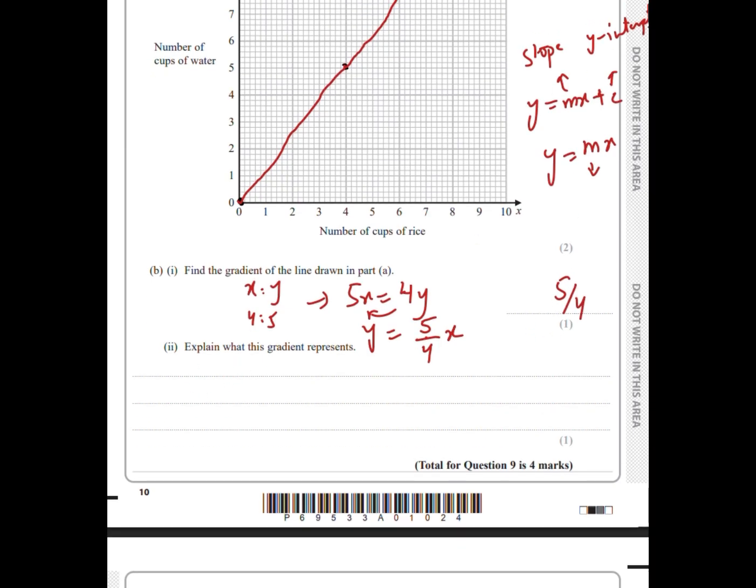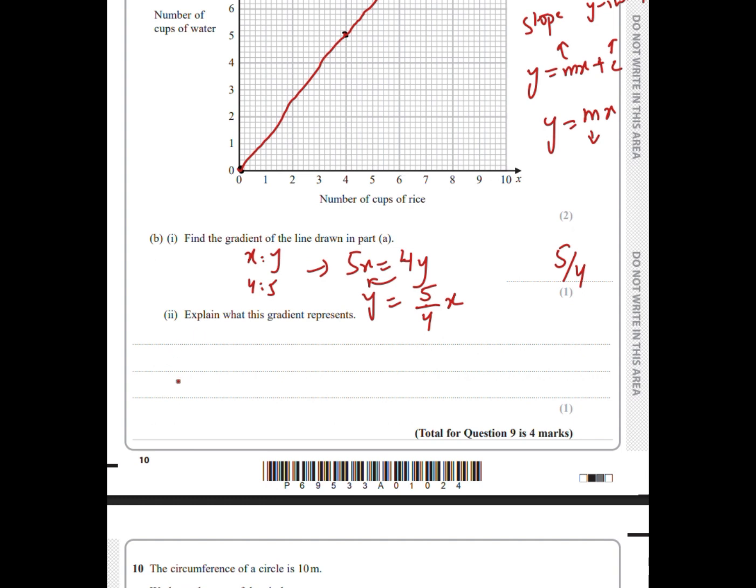Explain what gradient represents. Gradient represents the cups of water that is needed to cook the rice. So gradient tells you how many cups of water is needed for each cup of rice.